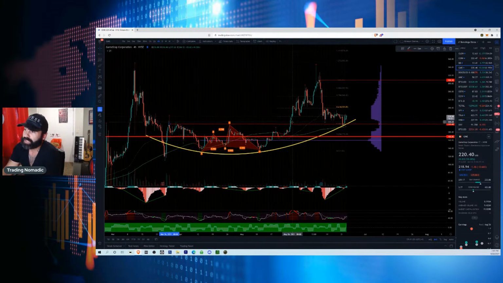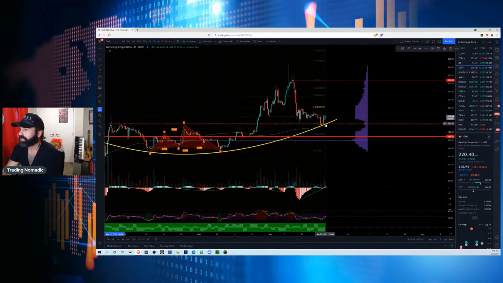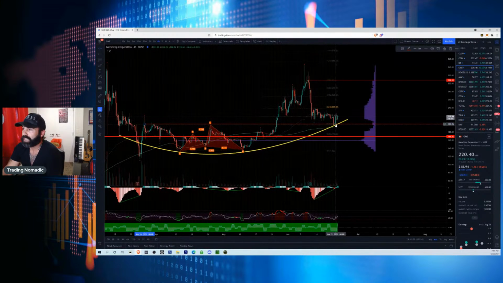We sprung above that old support. And now we came back down, and guess what we did? We retested what was once resistance as support, and you have gotten a reaction off of that. So this does put you down at a deep retrace.